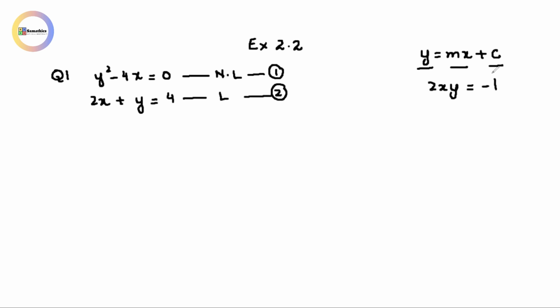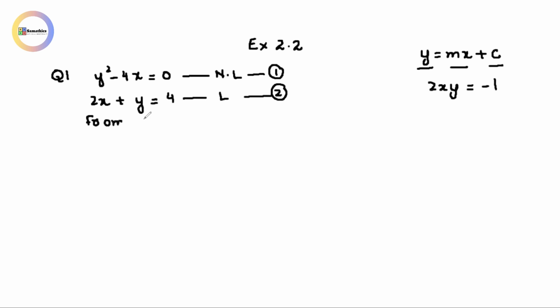So it has only 2 terms, so that's why it is not a linear equation, right? So it is very important to find out whether the equation is linear or non-linear, right? So now what we have to do, we have to make one of the variables subject from one of the equations.